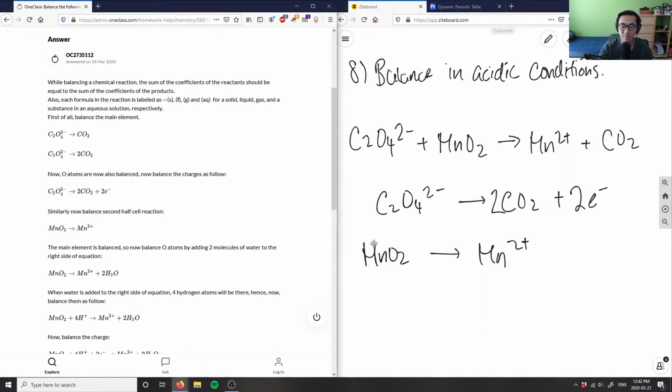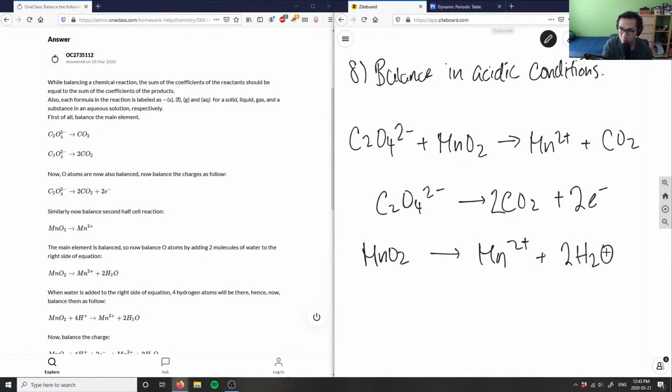And similarly with manganese dioxide, I have Mn here, and I balanced out my manganese first, but then I have to balance out my hydrogen and oxygens. In order for me to do that, I can always add water. Water is a great method here because it introduces oxygens into my compound. So I have 2 oxygens here, which means I'm going to have to add 2 waters to this side.